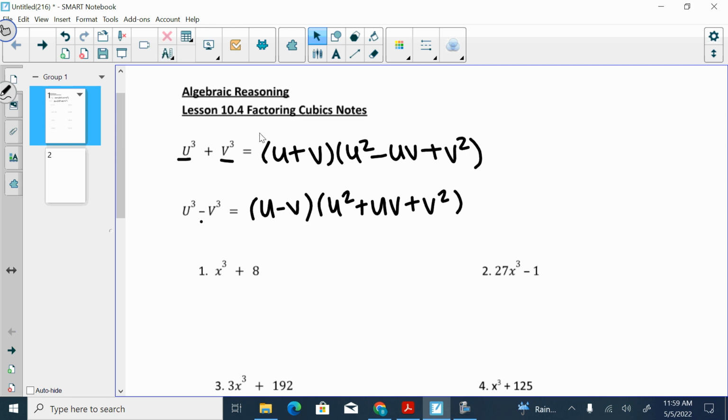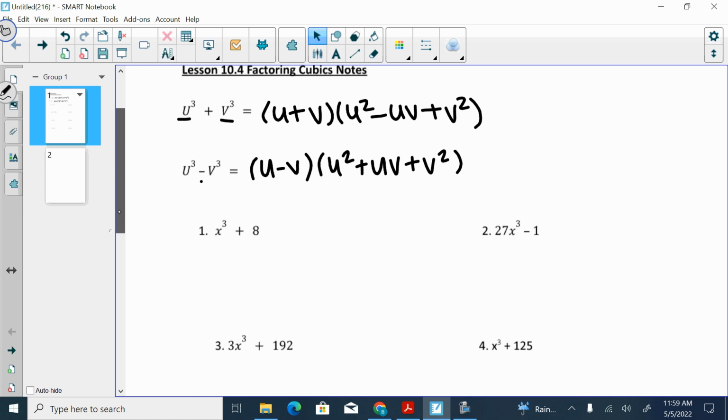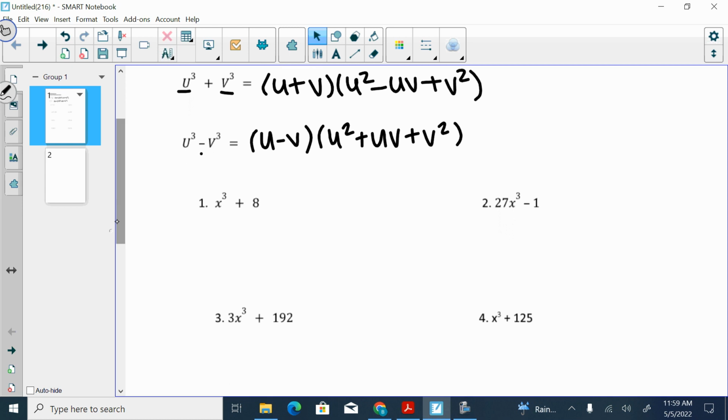So if you have a plus in between, our signs are plus, minus, plus. If you have a minus in between, our signs are minus, plus, plus. The rest of the formula stays the same. Now that we have these formulas, let's try and use them on a couple of examples.